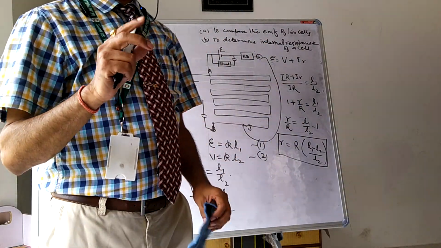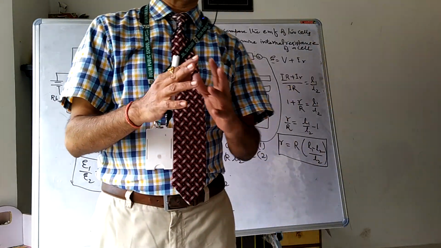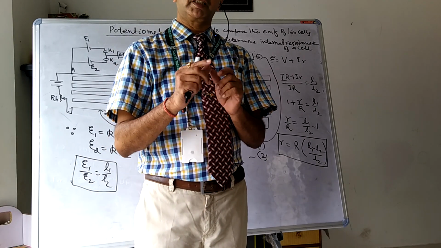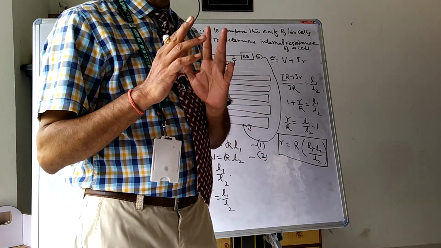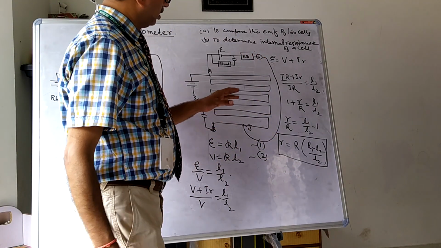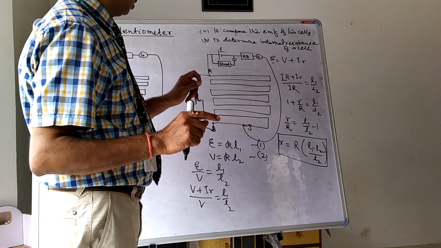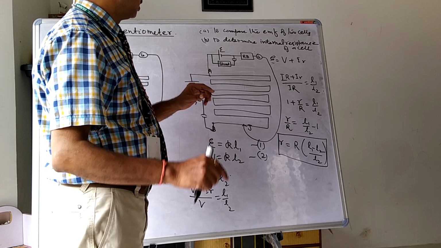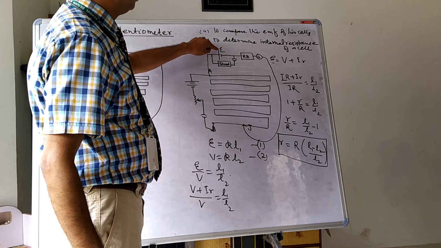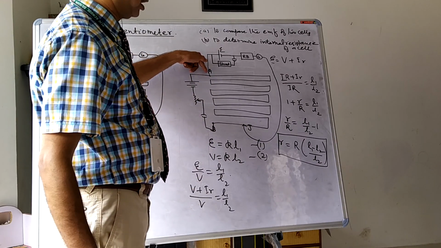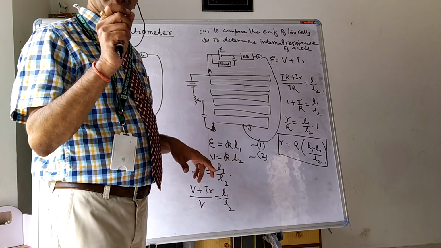So potentiometer is the only instrument with the help of which we can determine the internal resistance of a cell. And while doing the experiment in the lab, the problem will be in measuring the length. So how to measure the length? The end where you connect the positive terminal of the cell will be treated as 0.